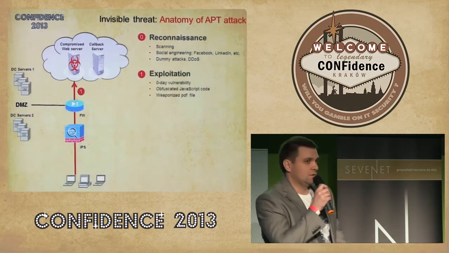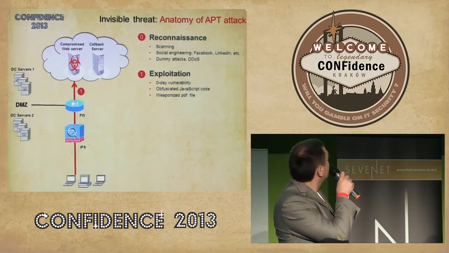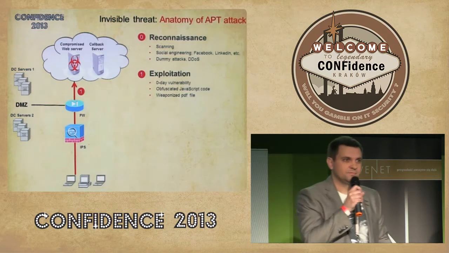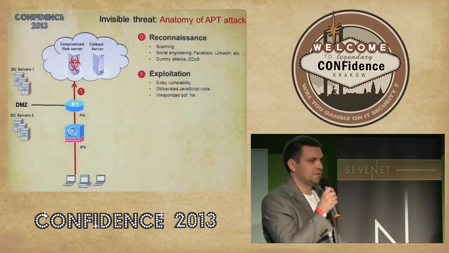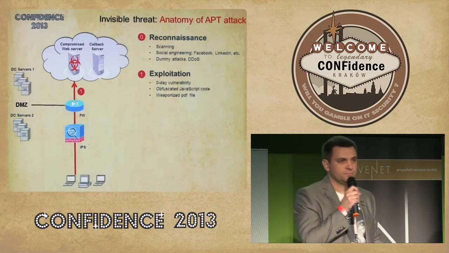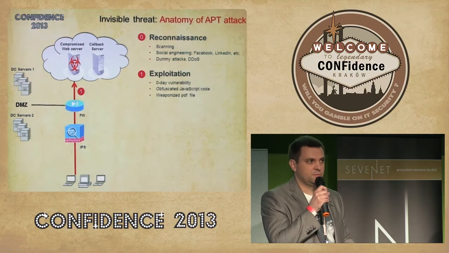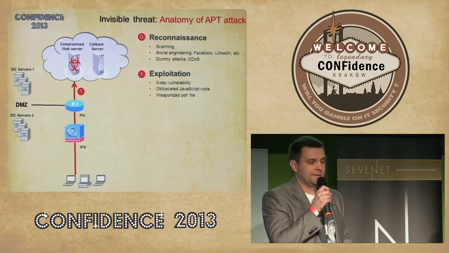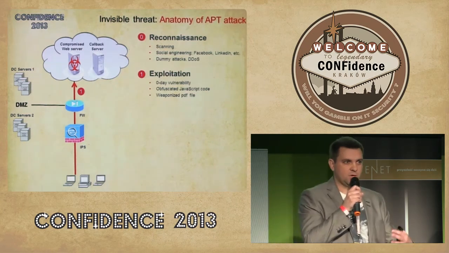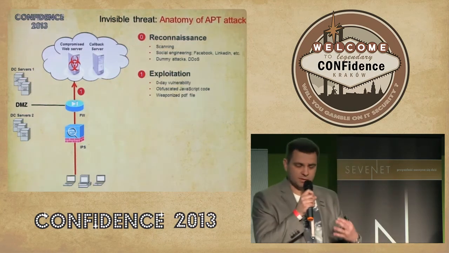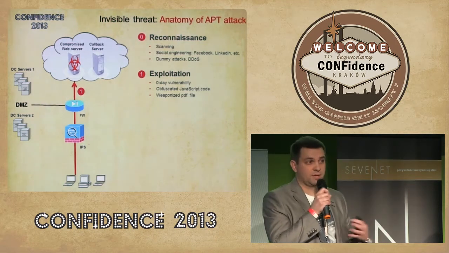After that, we can observe the exploitation phase, which is pretty cool. During this phase, the attacker wants to send the victim a piece of code, an exploit. This piece of code is, of course, used to exploit some vulnerability of the system. It can be a vulnerability of the web browser or of an application.